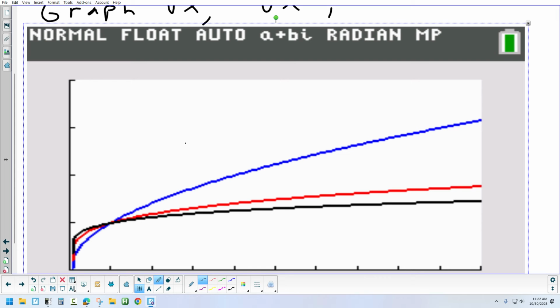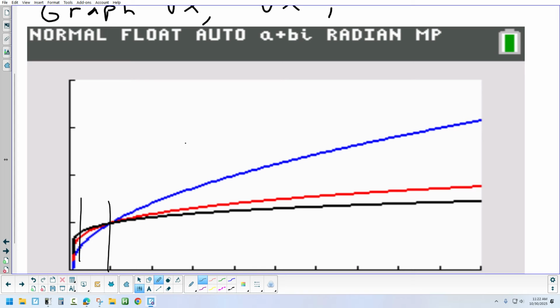And which one is on top? Like if you think about the graph that's above all the others, is the blue one always above everything? Always below everything? Or does it depend? It depends. There's different behavior between 0 and 1 than there is after 1.